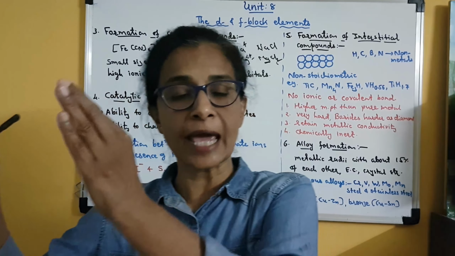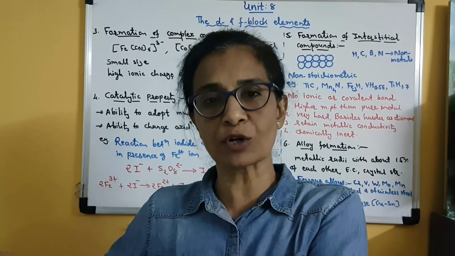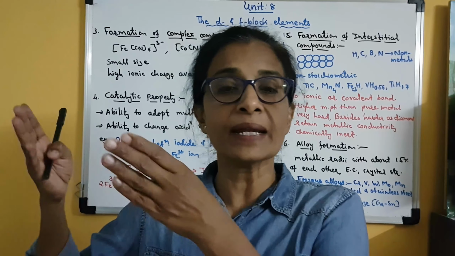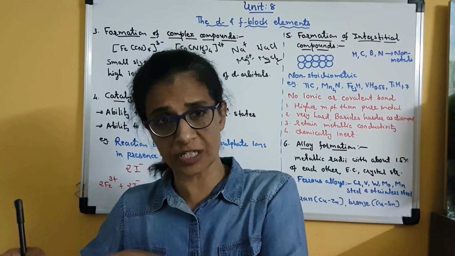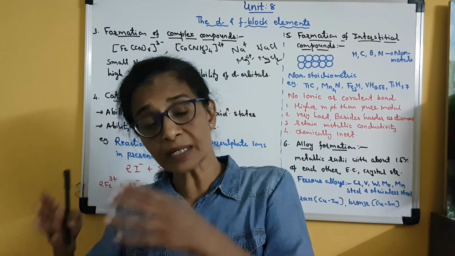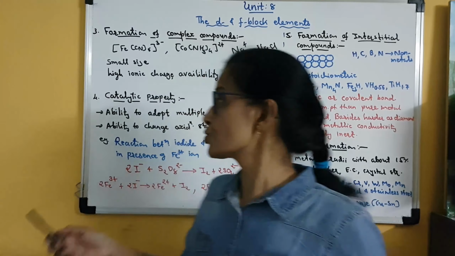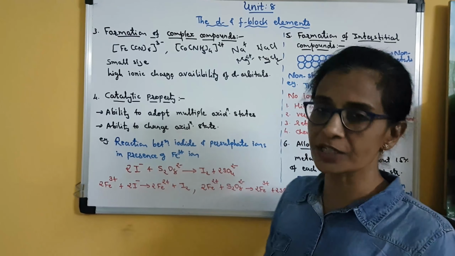For example, in the s block, the first group elements, alkali metals, have +1 oxidation state only. They cannot exhibit anything other than +1. Then alkaline earth metals, second group elements, have only +2 oxidation state. Clear? But transition elements have a variety of oxidation states. So they have the ability to adopt multiple oxidation states.